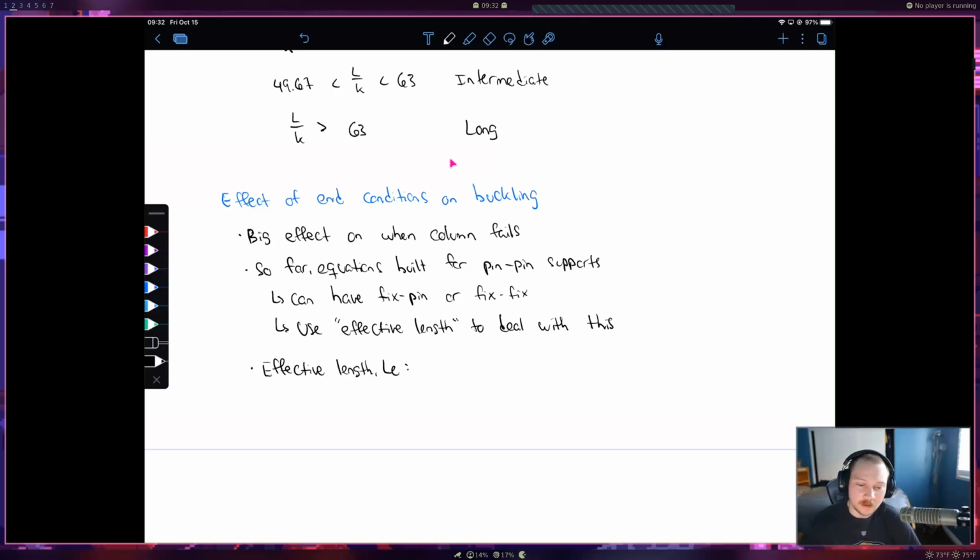Alright, so the effective length is denoted by L sub E, for equivalent or effective length.